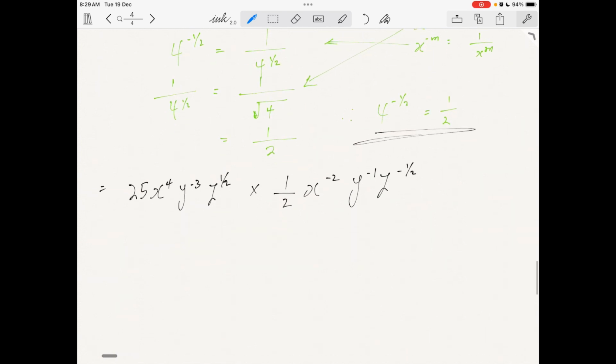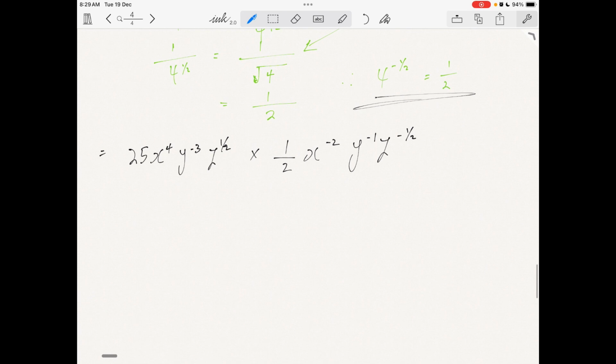Now, this makes more sense, and then we can have the coefficients together. So that will be 25 multiplied by 1 over 2, that's 25 over 2, multiplied by x raised to the power 4, y raised to the power minus 3, z raised to the power half, multiplied by x raised to the power minus 2, y raised to the power minus 1, z raised to the power minus half.